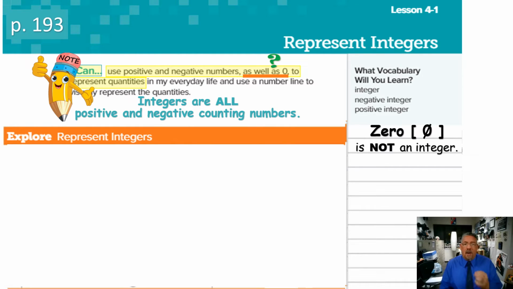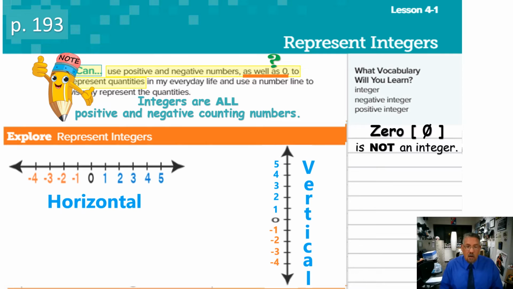But understanding exactly what it's wanting me to know is recognizing that the zero on these number lines is a different color than it is for the other numbers. So notice that the zeros are black because they're not actually integers, right? The negatives are in orange in this case, and the positives are in blue in this case. We can see that we have three distinct colors because they're different sets.